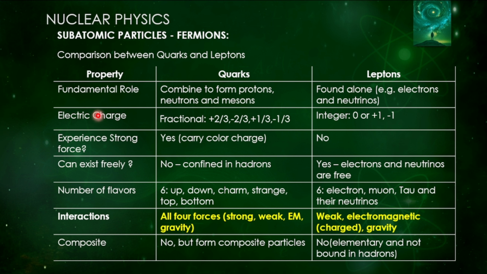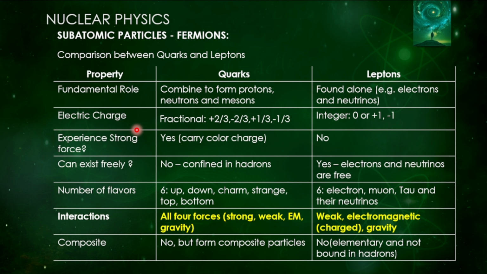Now, the electric charge: quarks have a fractional charge, meaning +2/3, -2/3, +1/3, -1/3. Meanwhile, leptons have an integer charge, either 0, +1, or -1.